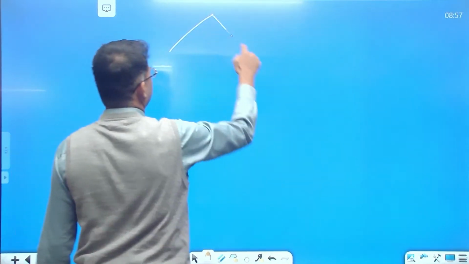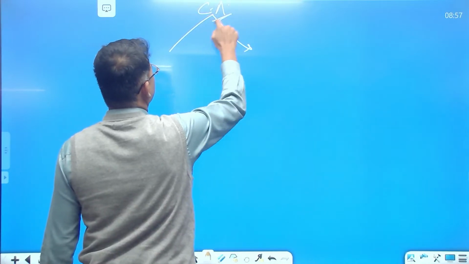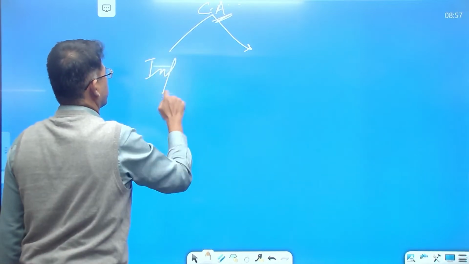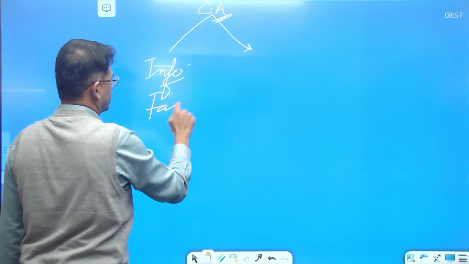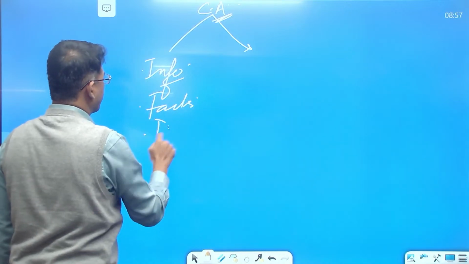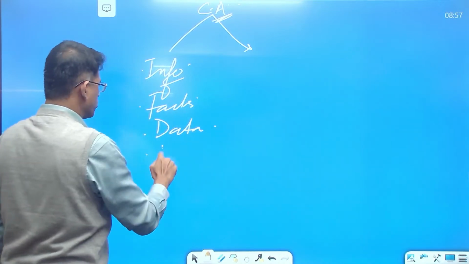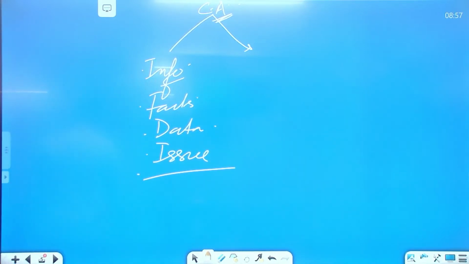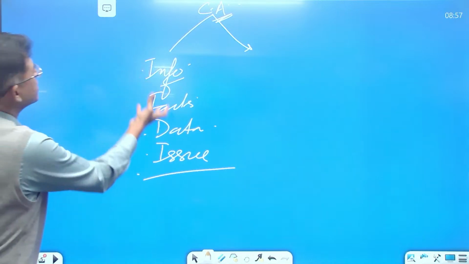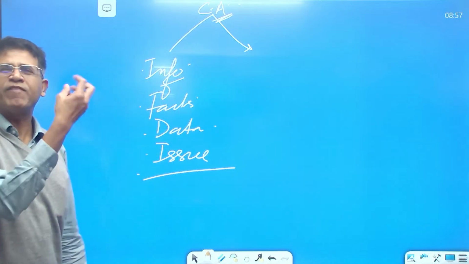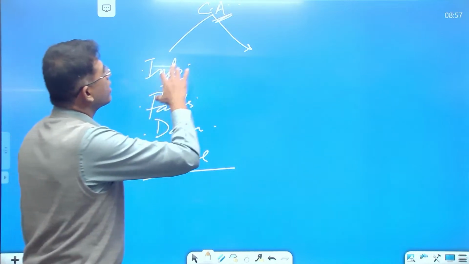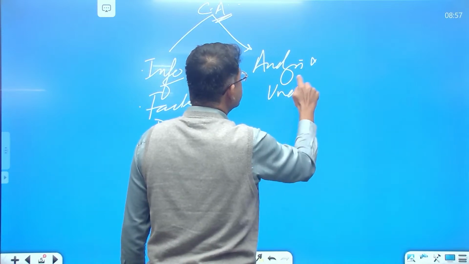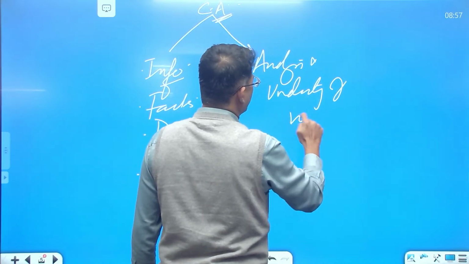See, when you say current affairs, there are two things. One is the information: the facts, the data, the issues. These are the obvious things in current affairs. Another very important aspect is the analysis and understanding of what is happening.